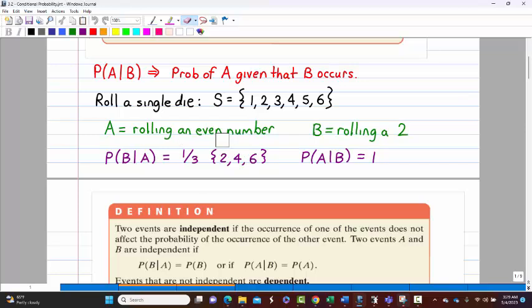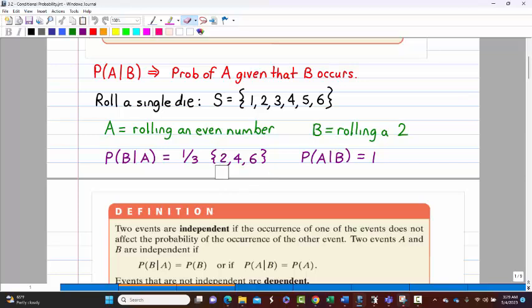So if we know that it's even, it effectively reduces our sample space down to 2, 4, or 6. If we know it's even, we're only choosing one of those, and therefore the probability of rolling a 2 out of just 2, 4, or 6 would be 1/3. So in other words, the probability of just rolling a 2 by itself would be 1 out of 6. But rolling a 2, given that you know it's even, is just 1 out of only these 3 numbers.